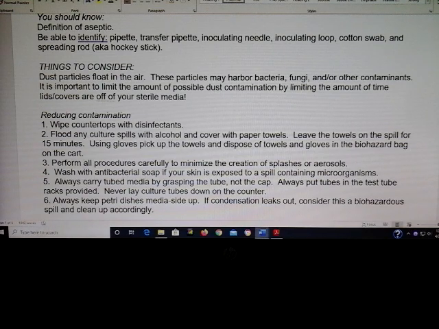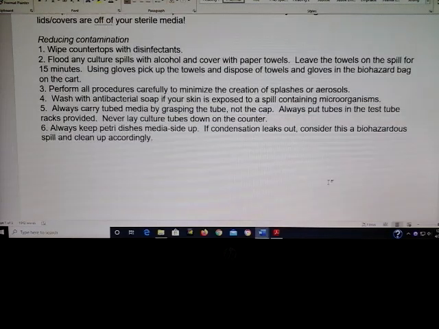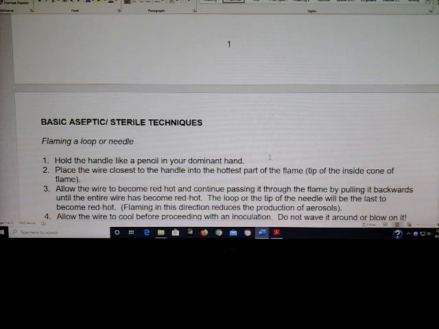Hand washing is extremely important throughout the whole semester whenever you're in a lab. You always make sure that you're carrying tubes in a test tube rack. And again, make sure that your Petri dishes are media side up when you are incubating them to reduce condensation.